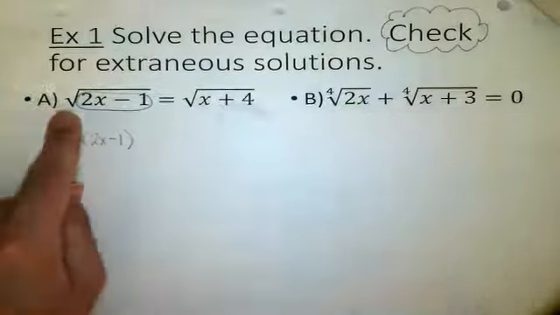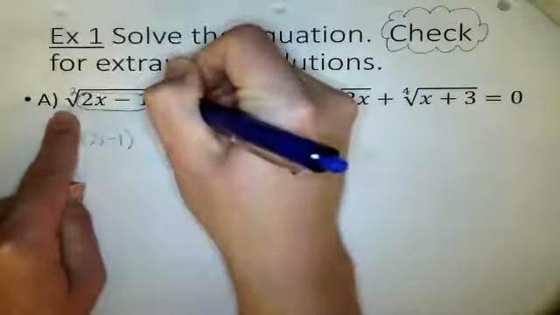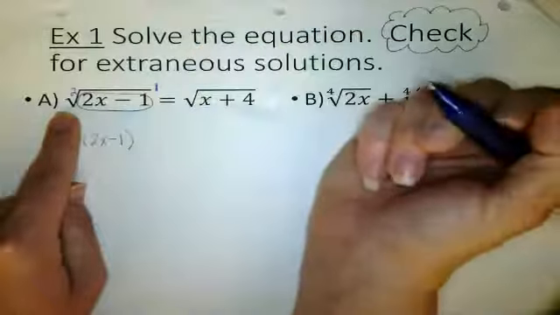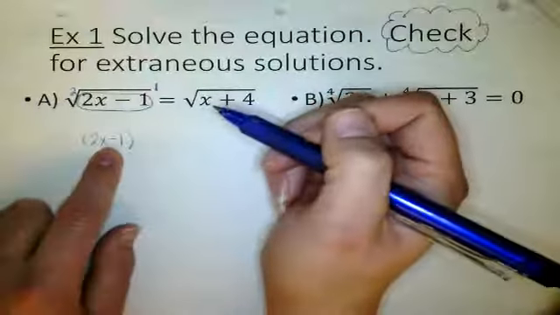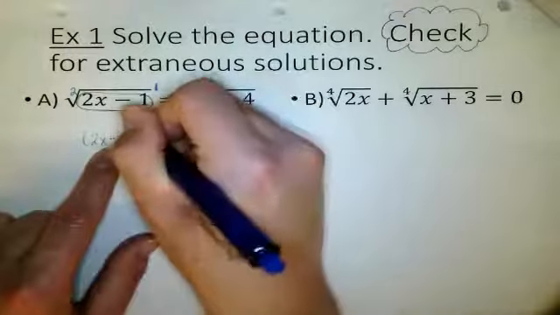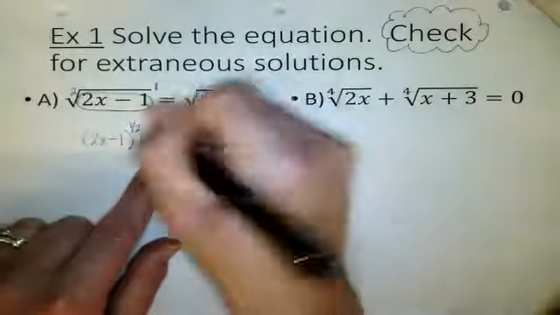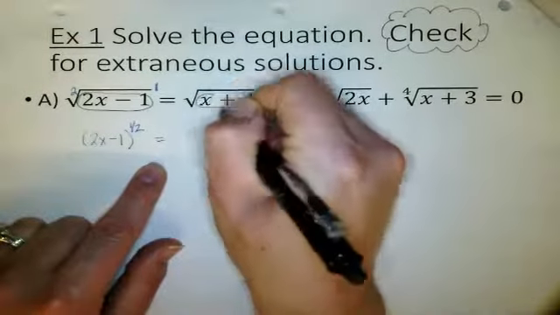What's the index? 2. And what's the power? 1. There's a little invisible 1 there. So how can I rewrite that radical? 1 over 2. Power over index. Power over index. So I can do the same thing on this right-hand side.